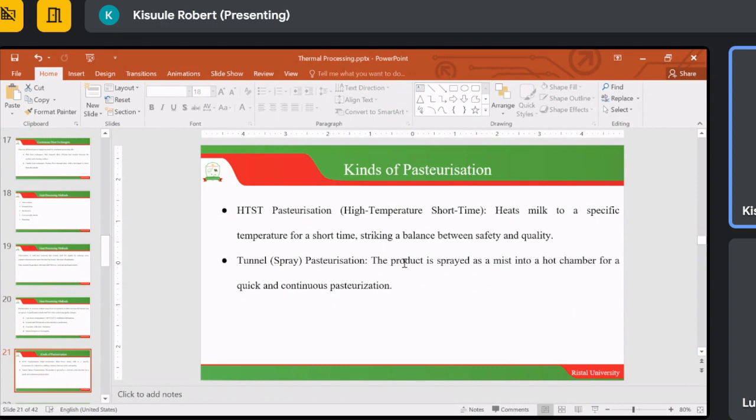Here the product is sprayed into a mist, into a hot chamber for quick and continuous pasteurization. That is one, but also we have that high temperature short time, where we're subjecting the liquid, in this case the milk, to a specific temperature for a short period of time, striking a balance between the safety and also the quality of that food.